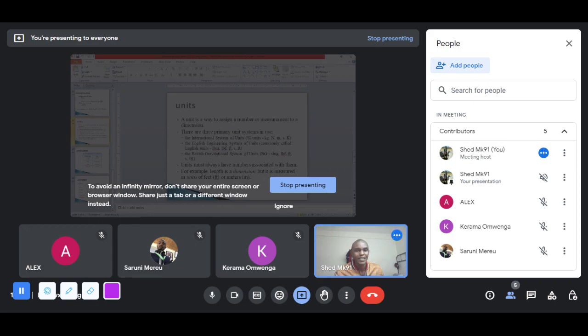For example, for length, we have a dimension, but it is measured in units of feet or meters. We have this table giving us the dimensions and the units. The dimension length, its unit is meter or m. Dimension mass, its unit is kilogram or kg.